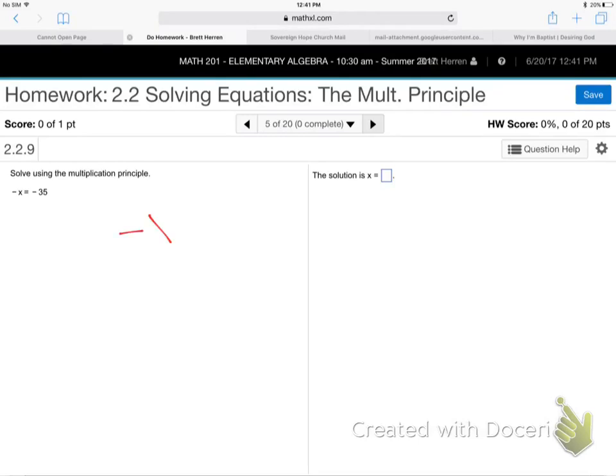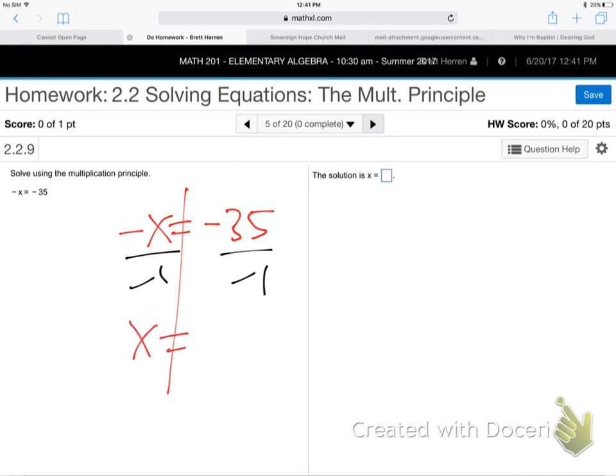So negative x is negative 35. Give that a try. X saying I want to be alone. So what do we do to get x alone? Both sides by negative 1, right?